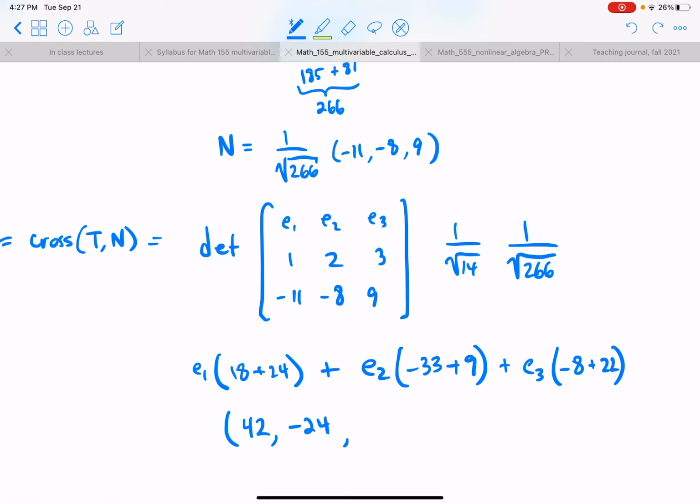And negative 14 in the third slot. And that's all divided by the square root of 14 times 266. Okay, and that's B.